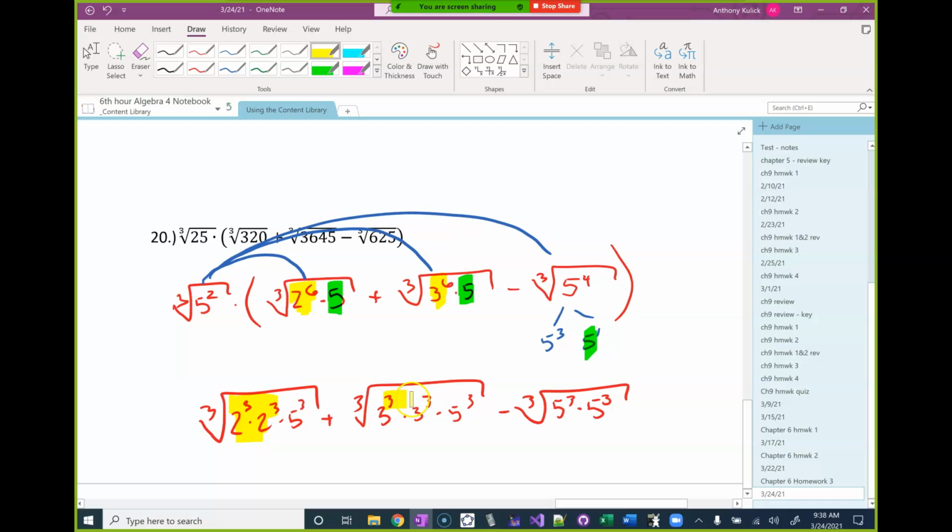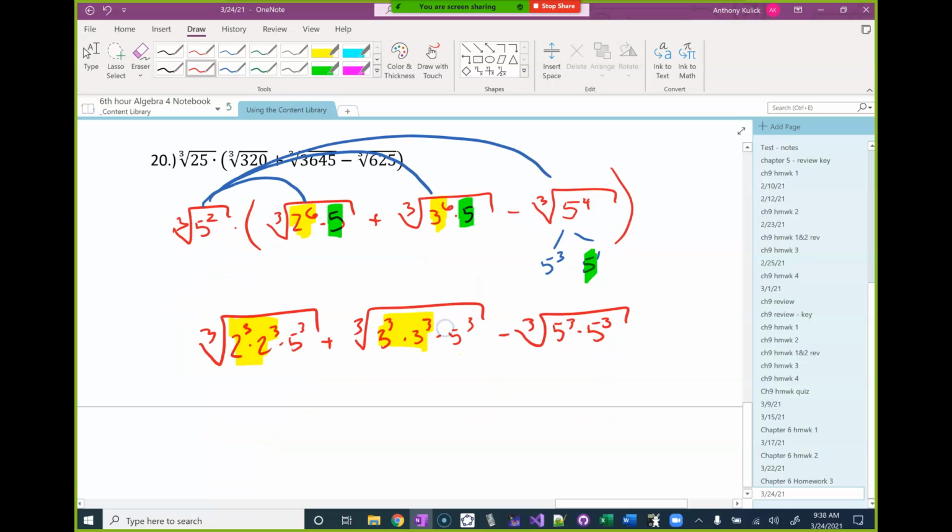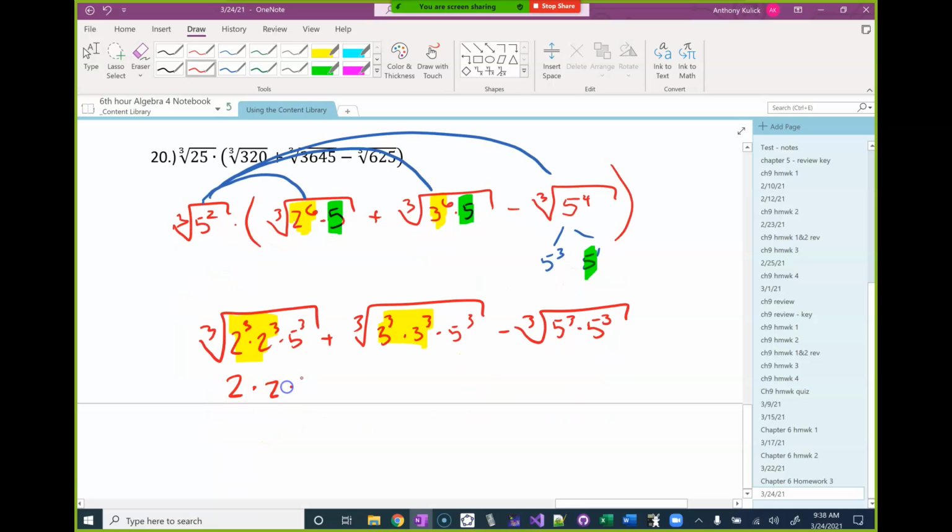Instead of writing as 3 to the 6th, I wrote it as 2 packets of 3. And instead of writing 5 to the 6th there, I wrote it as 2 packets of 3. Just so it's clear when I do my next step that I have 2 times 5 plus 3 times 5 minus 5 times 5.